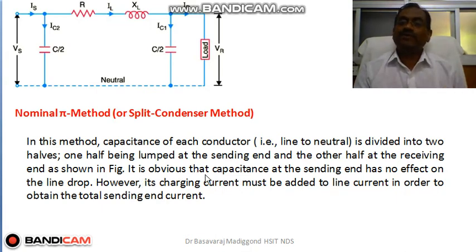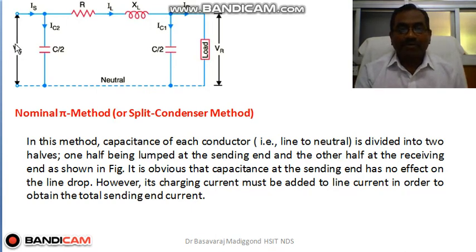It is obvious that the capacitance at the sending end has no effect at all on the line drop, but its charging current must be added to the line current, in order to obtain the total sending end current. So our objective is to first calculate Vs. How do we calculate Vs?